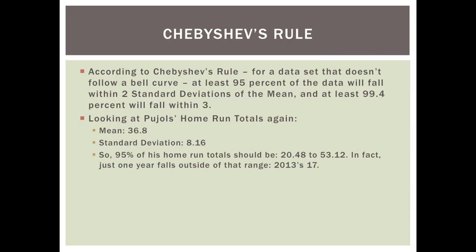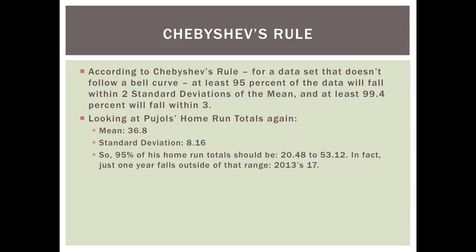Again, with Pujols' home run totals, we actually have a pretty small data set, but his mean or average home run total is 36.8. Standard deviation is 8.16. So one standard deviation above that would be 44, almost 45, and one standard deviation below would be 28, really just under 29.